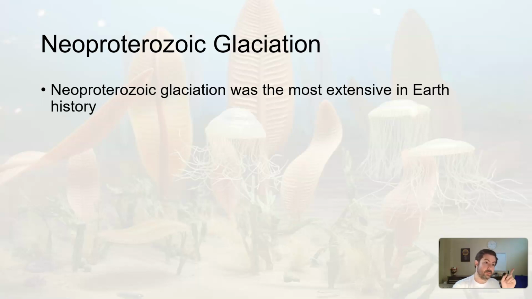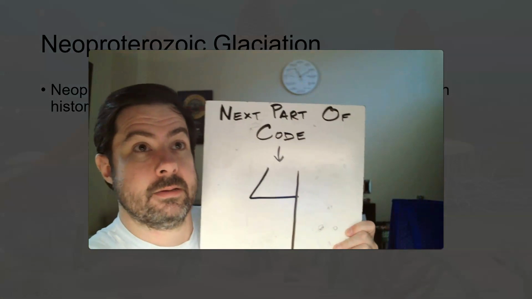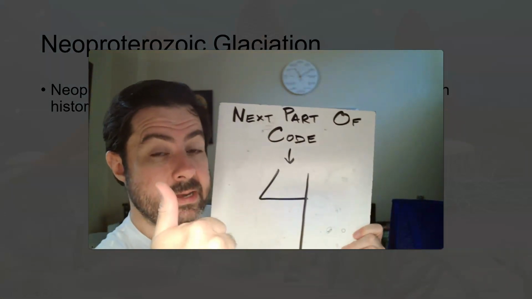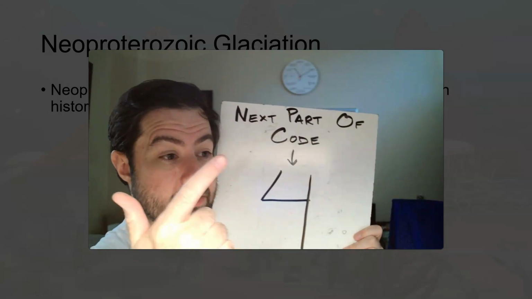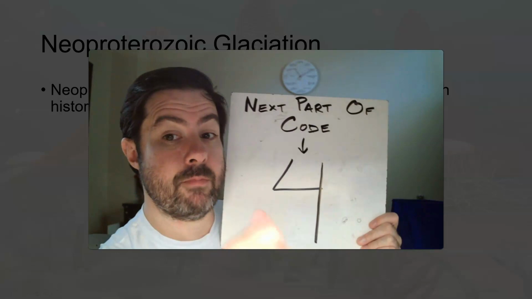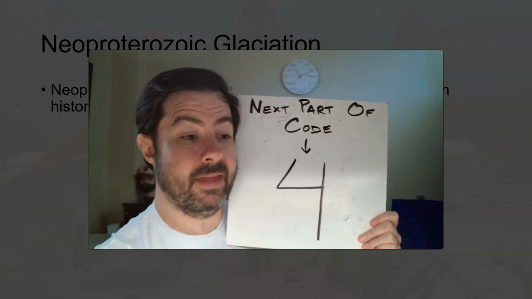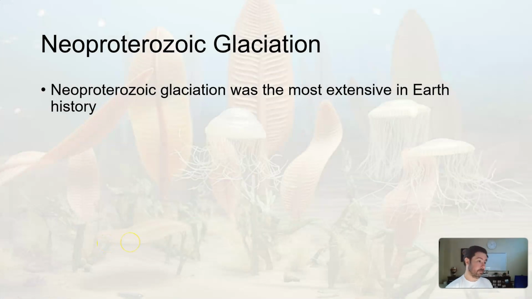If you think back to our previous section on supercontinents, remember that in the Neoproterozoic we had the formation and breakup of Rodinia, as well as the formation and breakup of Pannotia. And that may have played a part in this widespread glaciation that we see happening in the Neoproterozoic.